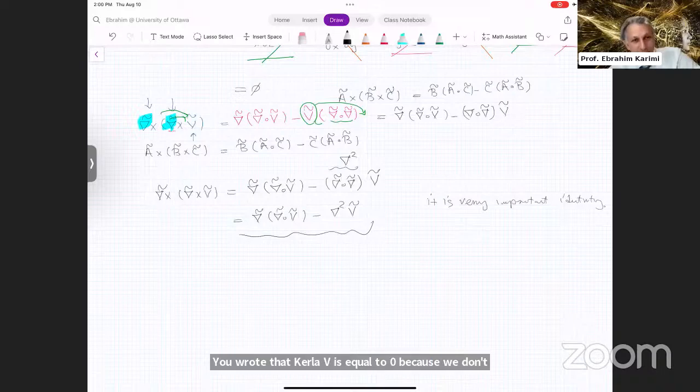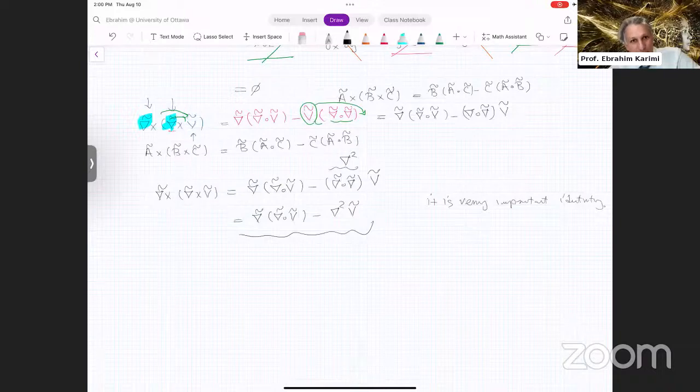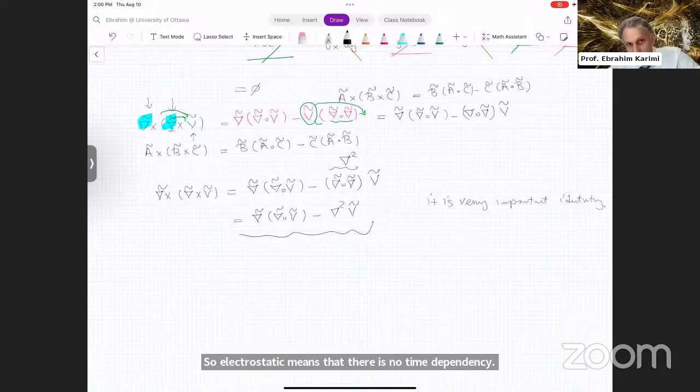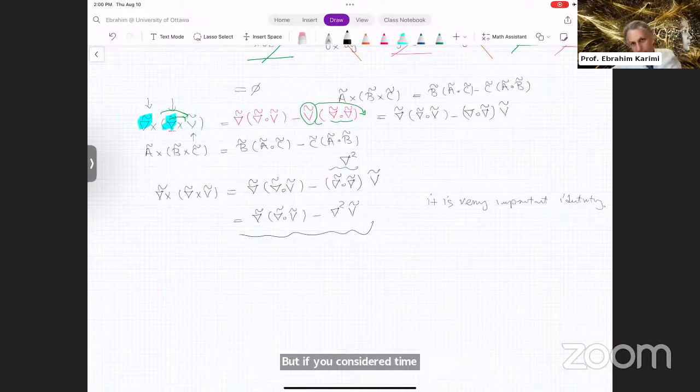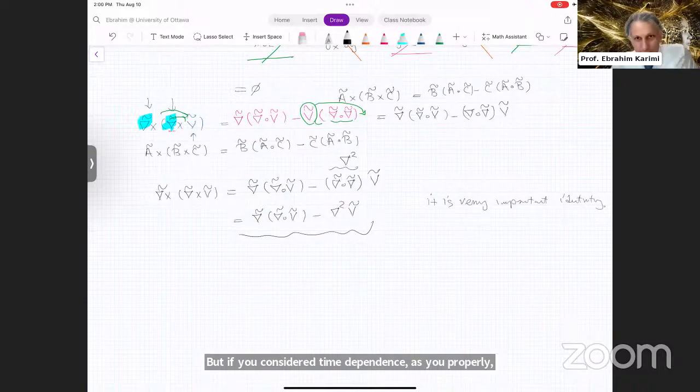I explicitly mentioned that that's for electrostatics, not for electrodynamics. Electrostatic means there is no time dependency, and if there is no time dependency, curl of E is equal to 0. But if you consider time dependence, as you properly mentioned, you should also consider the derivative of B with respect to time.